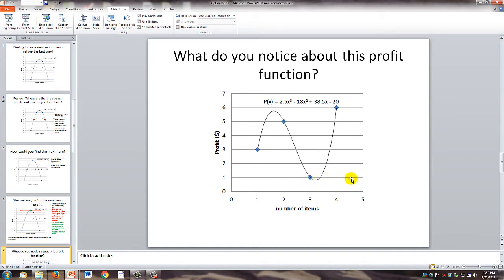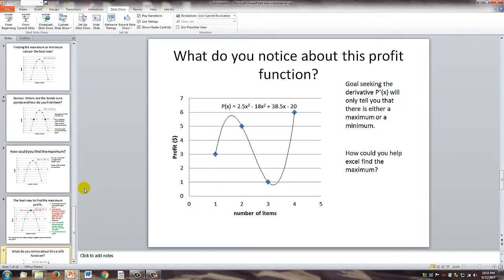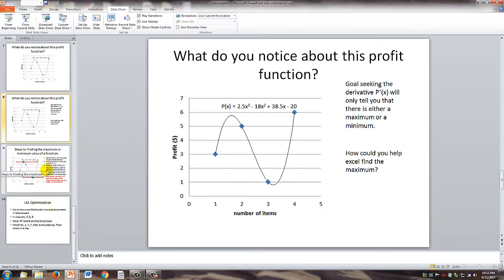But the derivative, setting that equal to 0, might give you a horizontal line here, which would be a minimum. So you can see that when you have a cubic function, you have a maximum and a minimum, and setting the derivative equal to 0 won't tell you whether it's a maximum or a minimum.